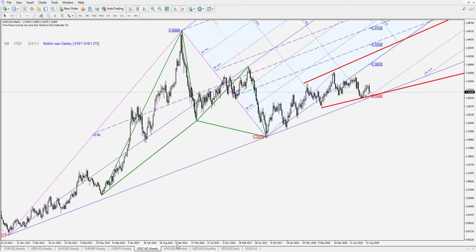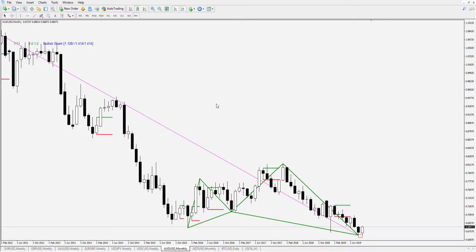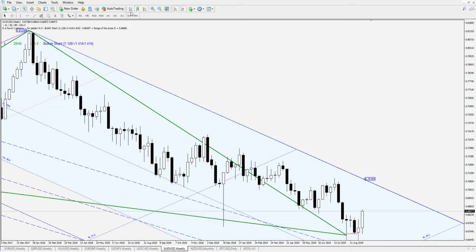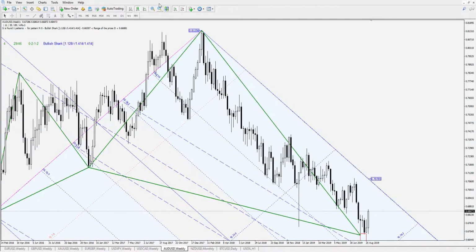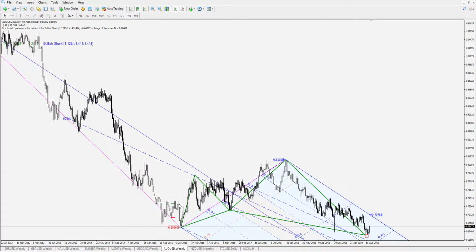And then go to the Australian dollar, and it's bullish. It's a bullish shark, so we've got the monthly there, and the weekly is bullish too. So A, B, C, D. D would be your buy. Now what's interesting with the Australian dollar, 6826. Now we closed above that, so that's your X, that's like a key support.